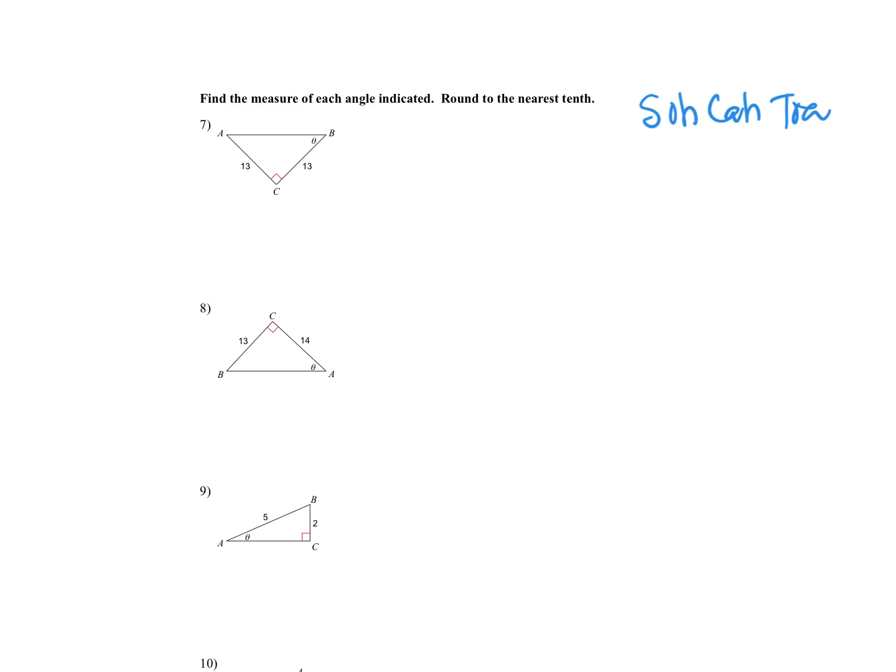Now we're looking for the angle. When we're looking for the angle, you know you're going to have to push the second button. And here we have adjacent and opposite. So it's still tangent of theta equals 13 over 13. So that's 1. So second tan of theta equals 1. So second tan of 1 equals theta, and that was going to be 45 degrees.